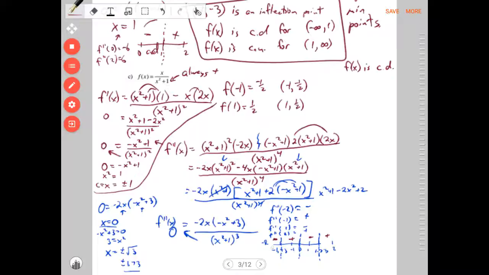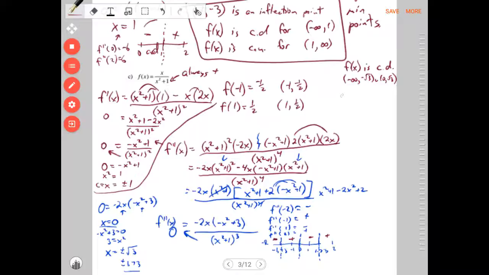The concave downs are from negative infinity all the way up to negative 1.73, which was negative root 3, unioned with the other negative one, from 0 to positive 1.73, which was 0 to positive root 3. Not enough space. That's our first region of concavity.